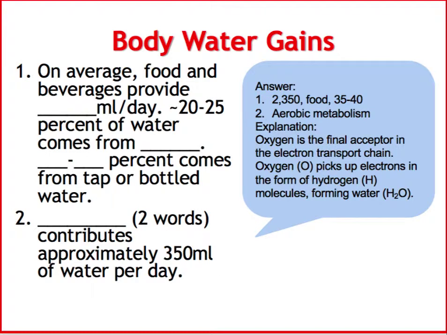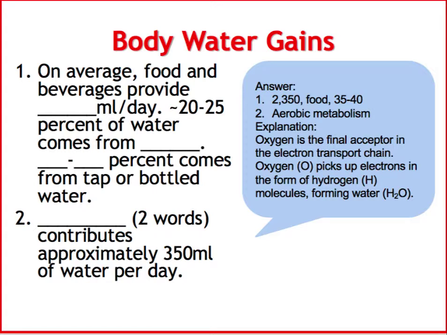Then we talked about body water gains. Essentially your body gains water from the food you take in, the beverages you consume, and also a little bit from aerobic metabolism. So it's not just what you drink, but also the types of food that you eat. Obviously, some foods are more water containing than others.